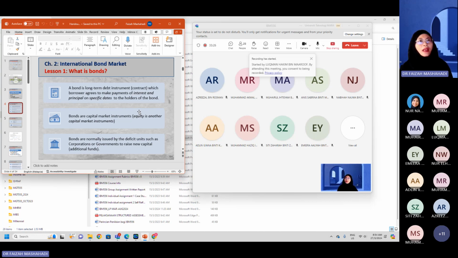Let's say the principal is 1 million ringgit Malaysia, issued by the deficit unit. Maturity is 10 years. Interest is 1%. So from year 1 until year 10, the deficit unit must pay 1% interest to the purchaser of the bond.